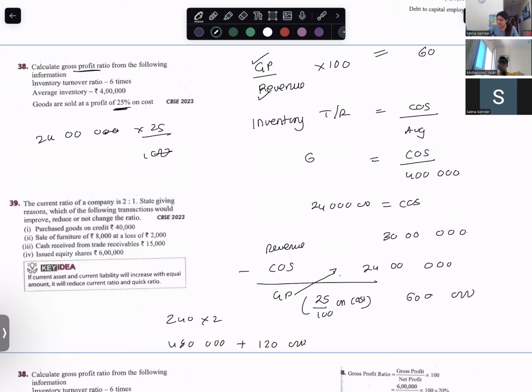Gross profit is 6 lakh, divided by revenue 30 lakh, into 100. Cancel the zeros. 6 divided by 30. 6 fives are 30, so 5 twos are 10, it will become 20. So gross profit ratio is 20%.